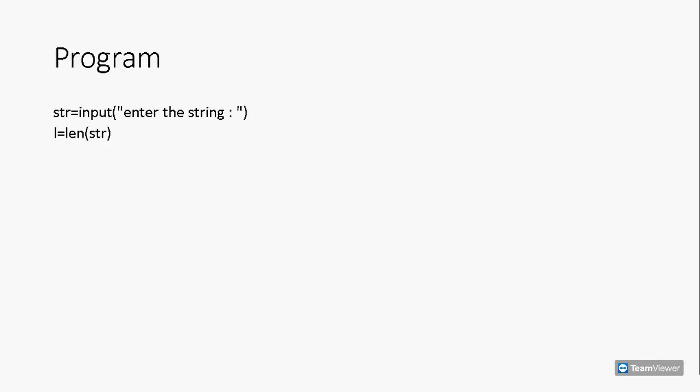To have a detailed explanation of the indexing of strings, watch my video whose link will be provided in the description box of this video. To move from rear, we will provide arguments minus 1, minus L plus 1, minus 1 to the range function, which will be taken up by the for loop variable here j in our program, and thus the statement for j in range minus 1, minus L plus 1, minus 1.